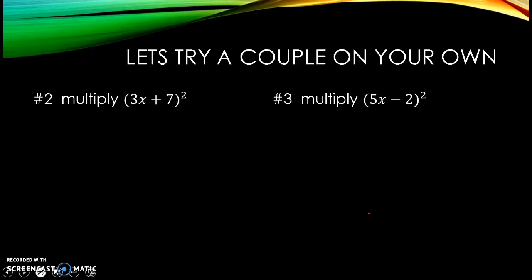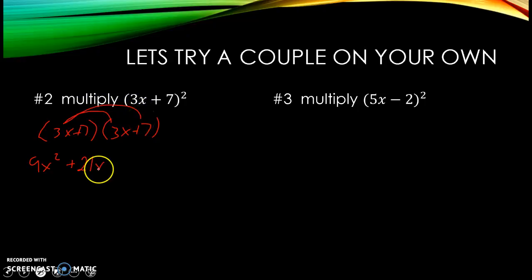So this is number 2. I'm going to take 3x plus 7 times itself, which is 3x plus 7. So to do that, I'm going to take 3x times 3x is 9x squared. 3 times 3 is 9. X times x is x squared. 3x times 7, well, the 3 times the 7 is 21, and then I have the x. When I multiply these terms together, that's a 7 times the 3.